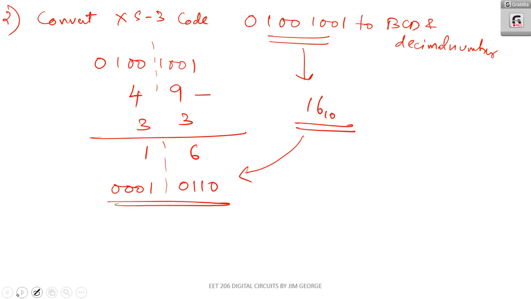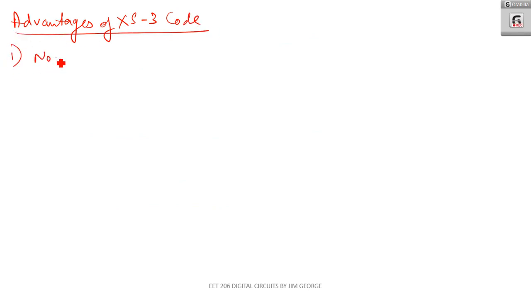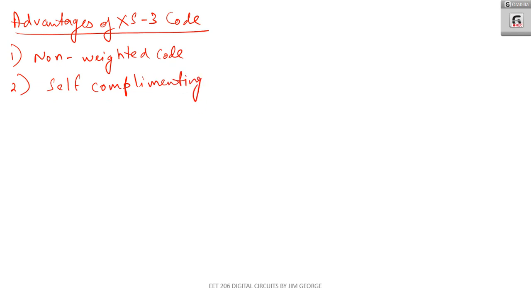Now, what are the advantages of XS3 code? First one, it is a non-weighted code. Second one, it is a self-complementing code. What is self-complementing?